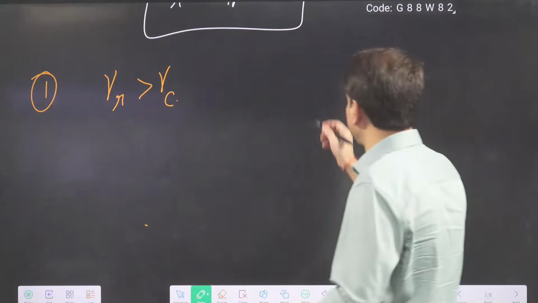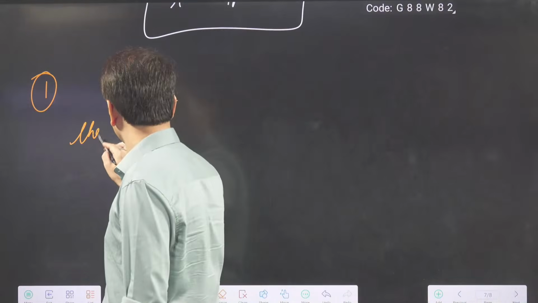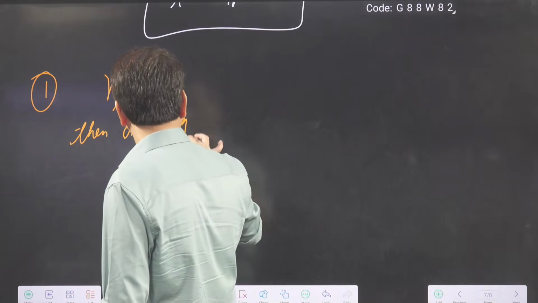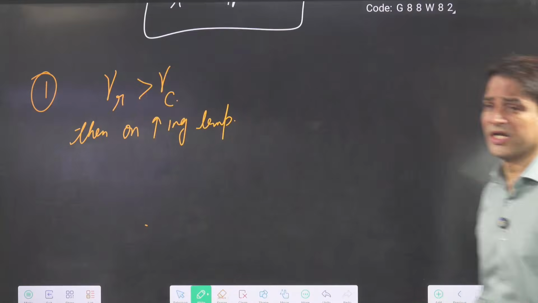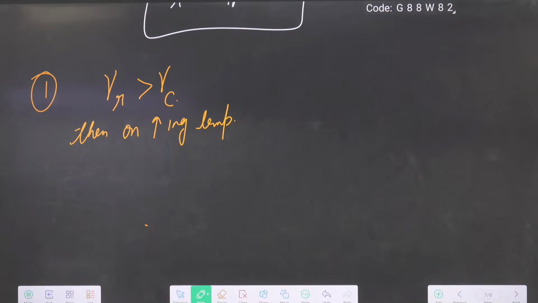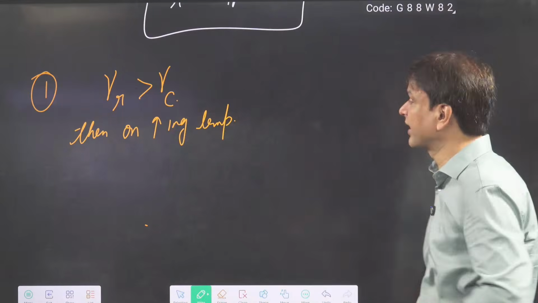So on increasing the temperature, who will say the liquid will overflow or the level will fall? Overflow. Why? The liquid expands more than the container.